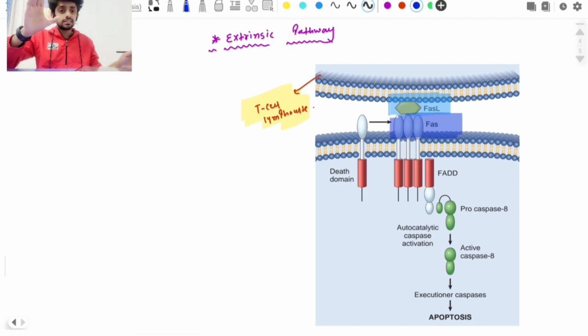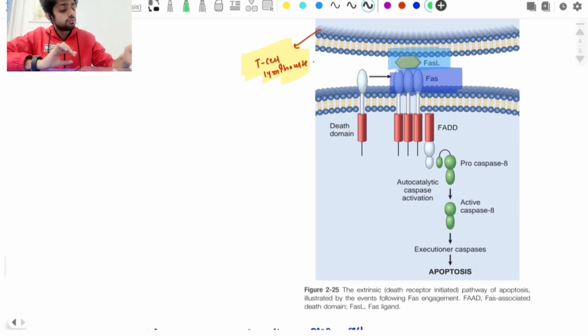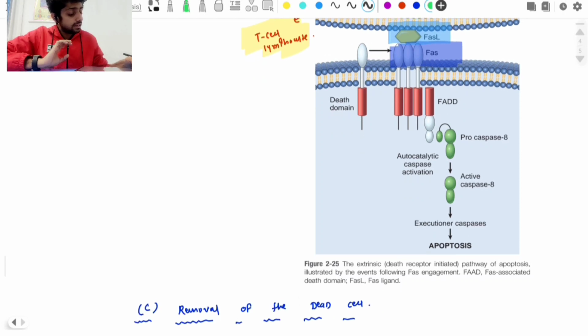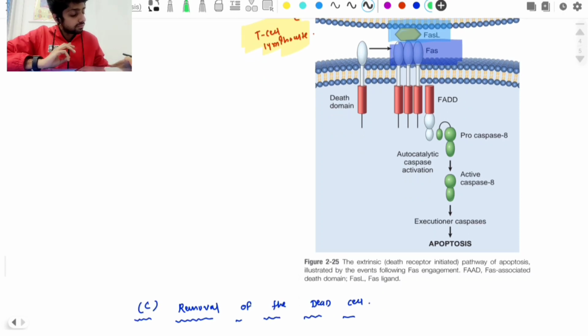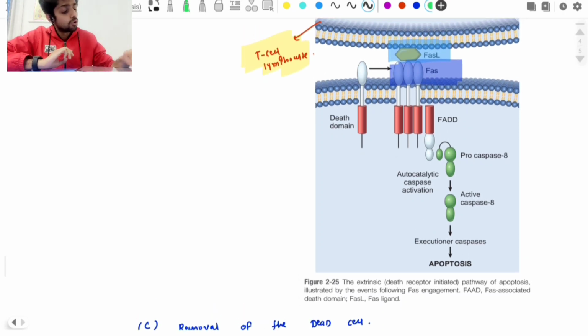When the Fas ligand and the Fas receptor bind together, that can lead to the activation of the Fas-associated death domain. So it is a death domain dependent pathway, which is another name for it. That can lead to the activation of procaspase 8, which is normally present in an inactive form. Normally procaspase 8 is inactive.